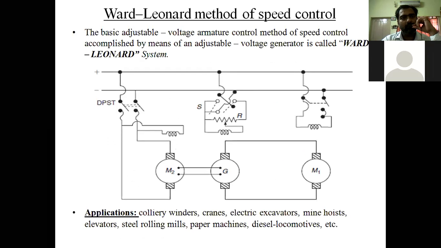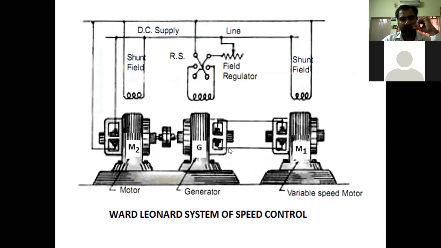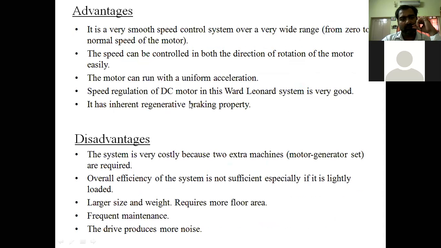This is one of the most important methods we have seen regarding speed control of your series motor. Here is the basic adjustment, the connection of the Ward Leonard system. These are some of its advantages and disadvantages.